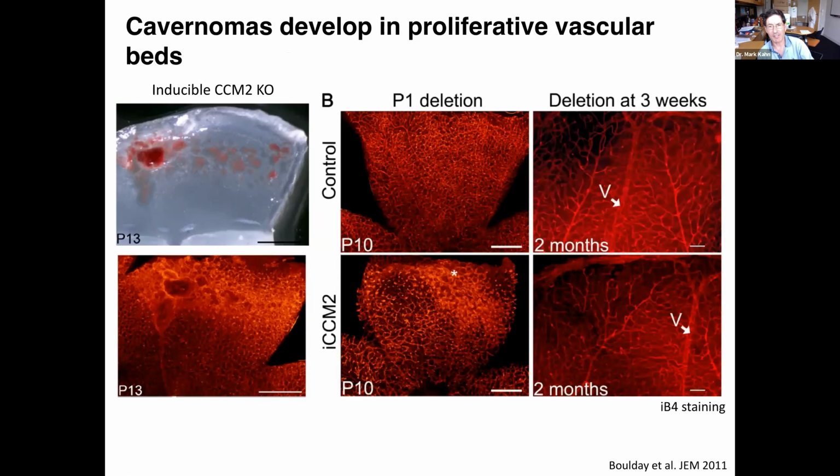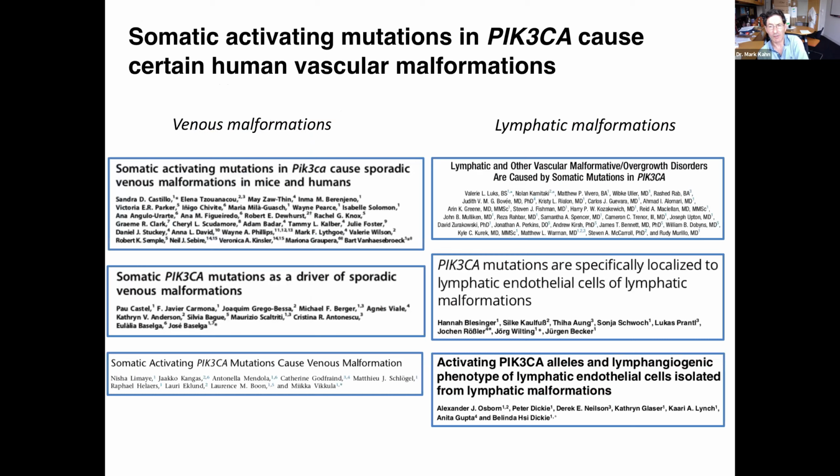And indeed, as I just mentioned, if you look in the neonate at P1, you can see large CCM formation here in the retina. If you do it at 2 months, when the retina is no longer actively growing, you'll see that there is no lesion formation.